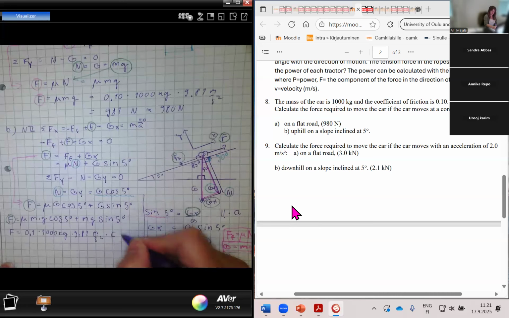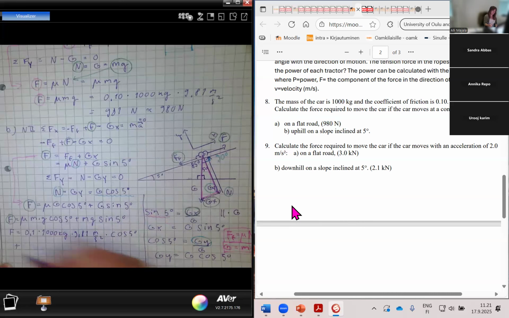And then there's the cosine 5. And then I still have to times sin 5.